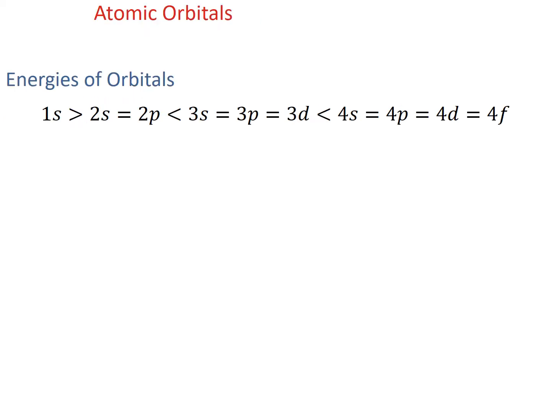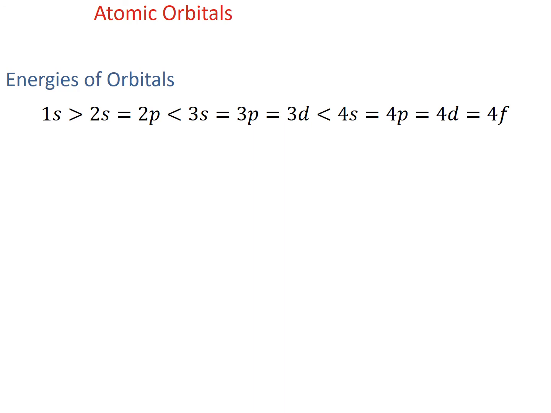And here's some energies of these orbitals. So we had talked as you increase principal quantum number, you are increasing the energy of these orbitals. But there are also some minor differences in energies between s and p orbitals and p and d orbitals, for example. But we're saying in general, at least at this point, that anything with the same principal quantum number has roughly the same energy. So the 1s is the lowest in energy.